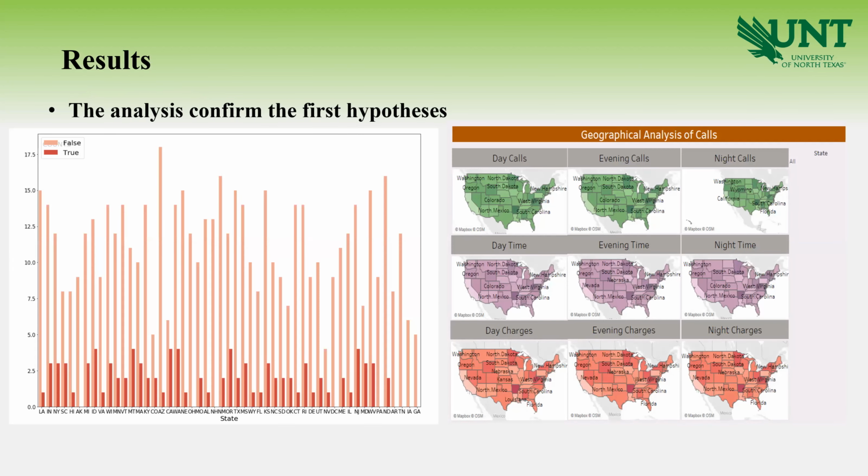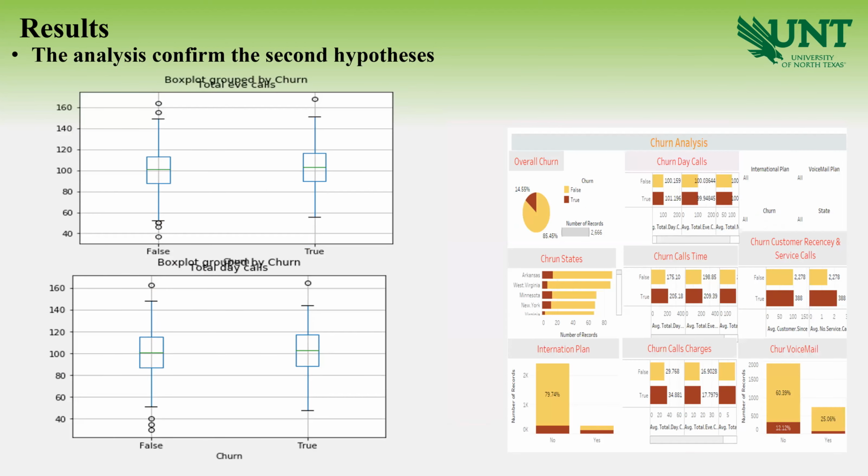Okay, this is the initial analysis. This is the visual analysis, and it confirmed the first hypothesis. We can see the states where there are cheaper packages, where they are using the cheaper packages, have more revenue. And this is the visualization analysis for the second hypothesis.